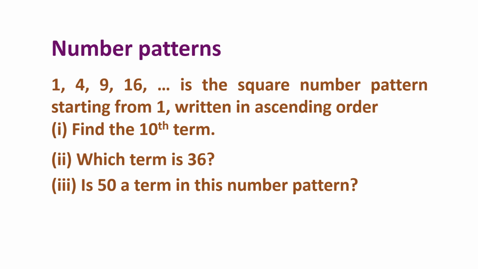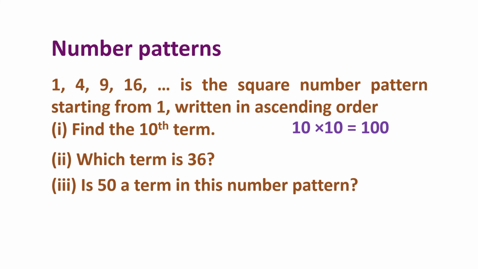Likewise, when you multiply 10 by itself, then you can find the 10th term of the square number pattern. So, 10 multiplied by itself means 10 multiplied by 10, that equals 100. So, 100 is the 10th term of the square number pattern starting from 1.